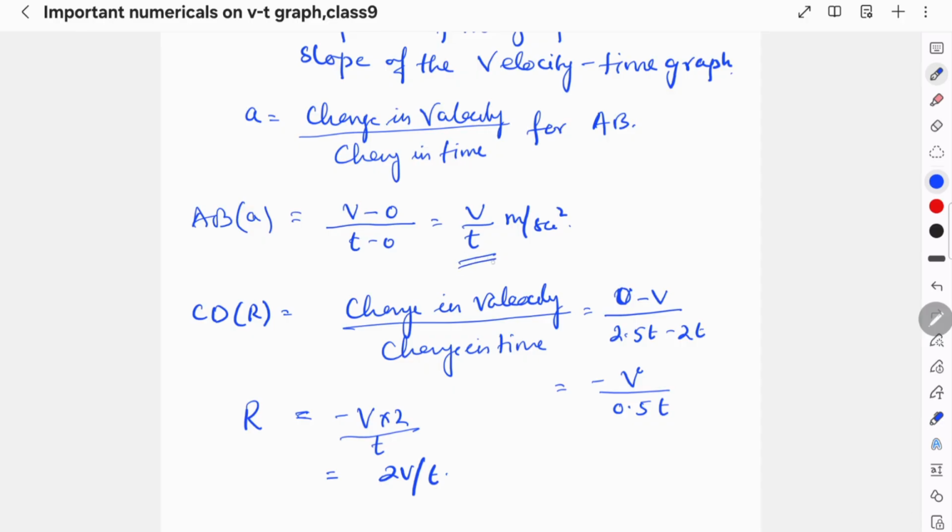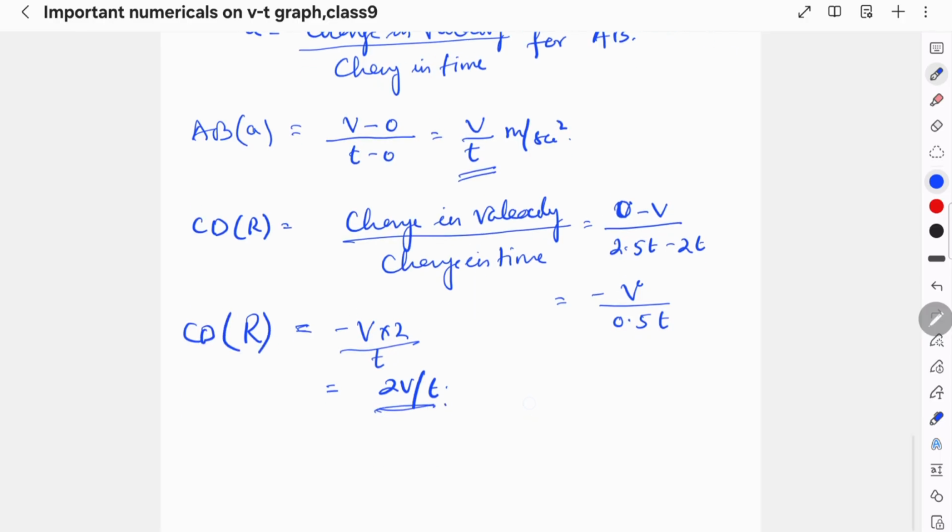So see the part AB acceleration was V by t and the part CD the retardation is 2V by t. So the magnitude of the retardation is higher. The magnitude of retardation is twice the magnitude of acceleration.